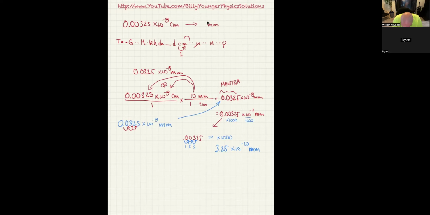Or I could move it here, which is not acceptable. So I'm going to say X there and X there, and then 1 and 2. So what I'm going to do is multiply this by 100 and then divide this by 100, and you get 3.25 times 10 to the negative 10th millimeters. So notice you get the same answer no matter which way you do it, and that gives you a little bit more confidence that you did it correctly.